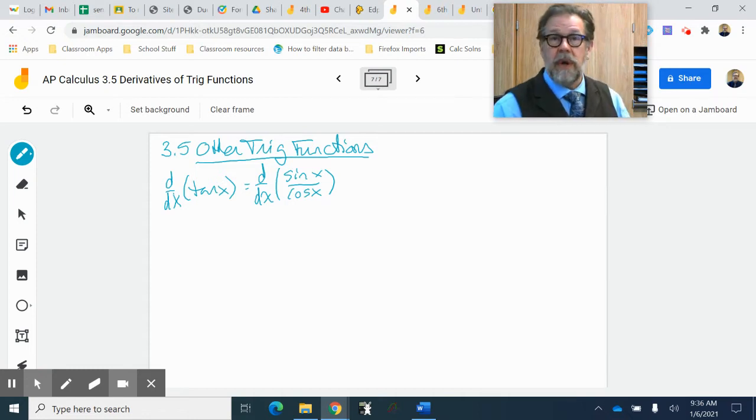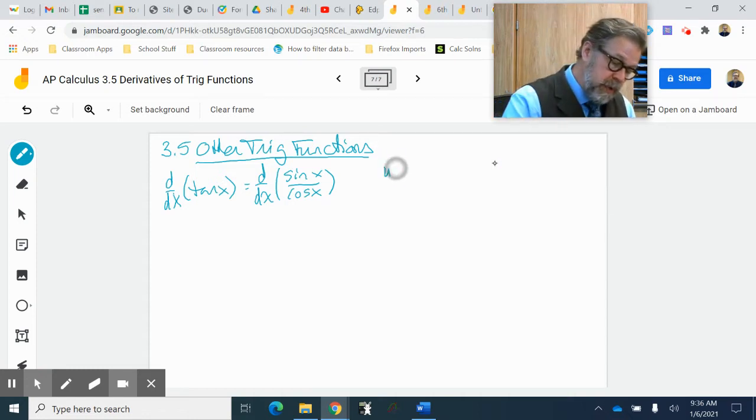And now I've got a quotient rule. u is equal to sine of x. The derivative of u is cosine of x. v is equal to cosine of x, which means that the derivative of v is negative sine of x. And then the quotient rule says that this derivative is v du, so cosine times cosine, minus u dv.